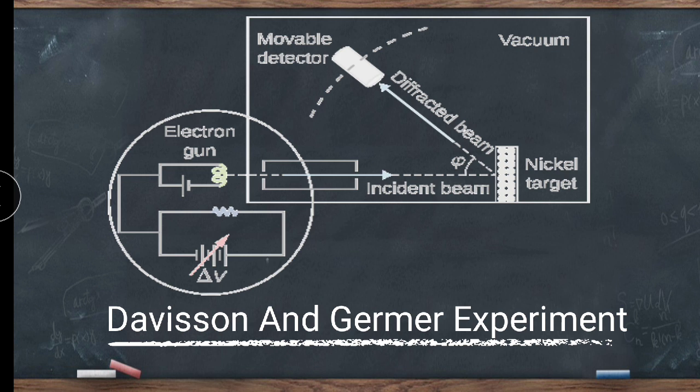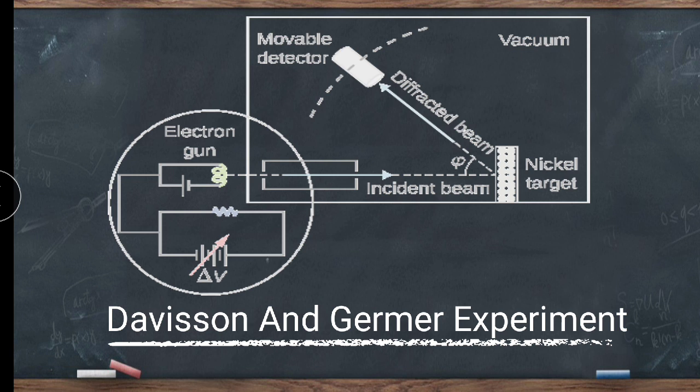So what is the observation of this experiment? When electrons strike the nickel crystal, they collide with the atoms and get scattered in all directions and are caught by the movable detector. At some places we get minimum intensity, and at some places we get maximum intensity.